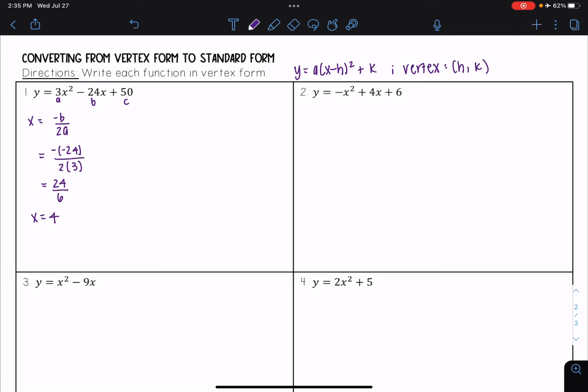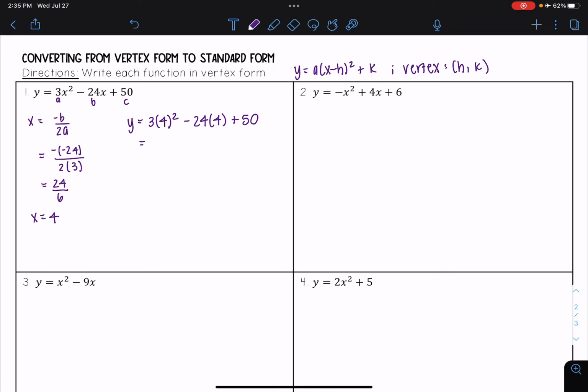Now I need to go ahead and plug that in to find my y value. So I have y is equal to 3 times 4 squared minus 24 times 4 plus 50.